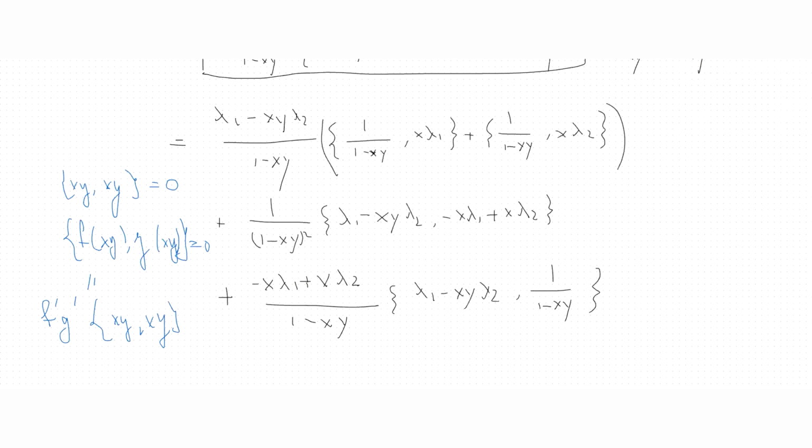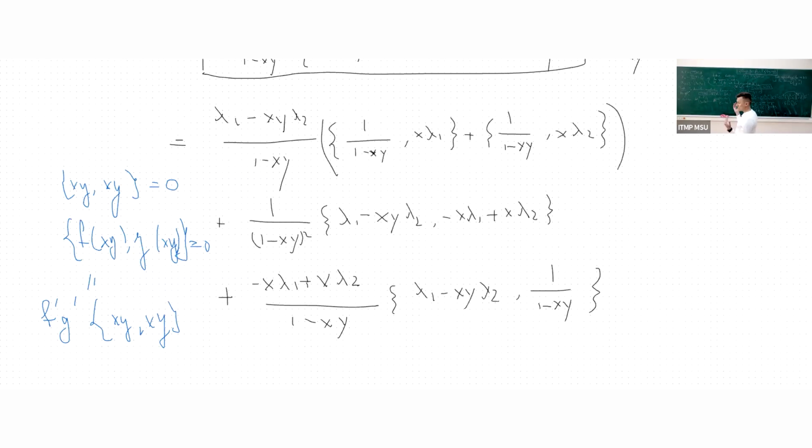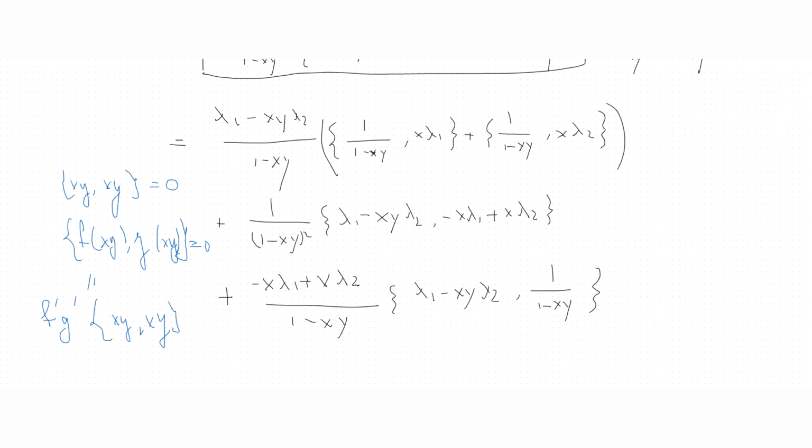This functional depends on xy, and they are different, but they depend on one variable. It means that when calculating this Poisson bracket, we descend to the Poisson bracket of the same variables, which is 0. It doesn't depend on which variable we consider. So the last term is trivial.